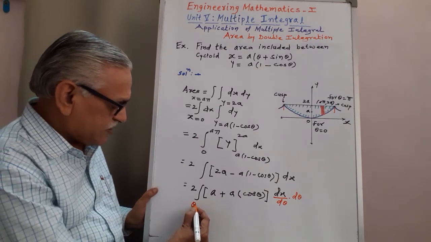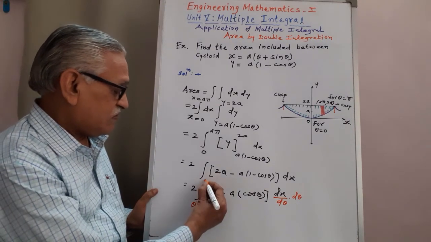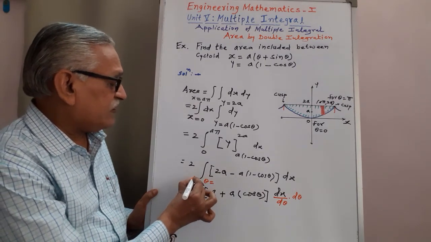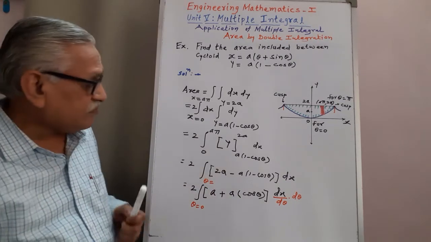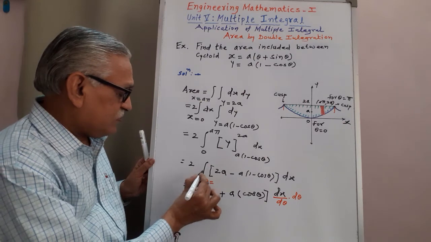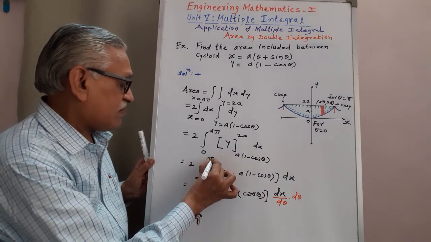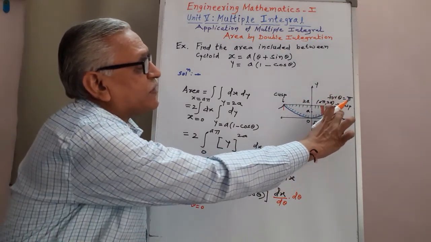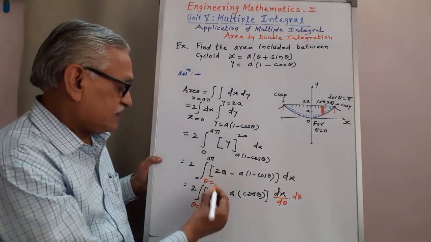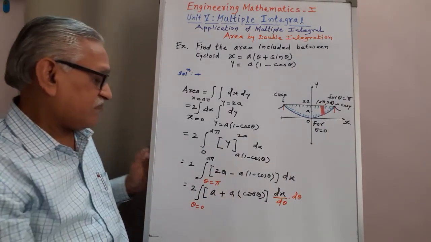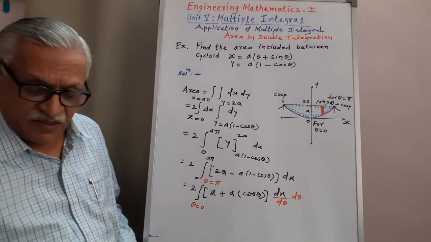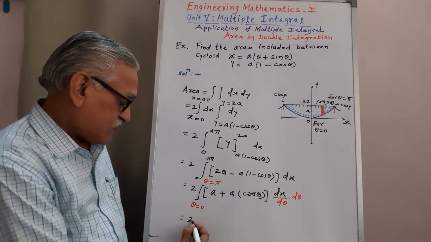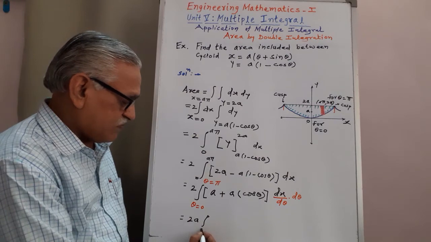Therefore, the lower limit becomes theta equals 0. The limit is from 0 to a pi, and for x equal to a pi, that point exists for theta equals pi. Then integrating it, we can take a common from these two. Therefore, it is 2a integral from 0 to pi.